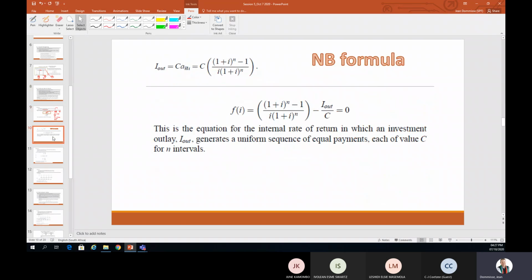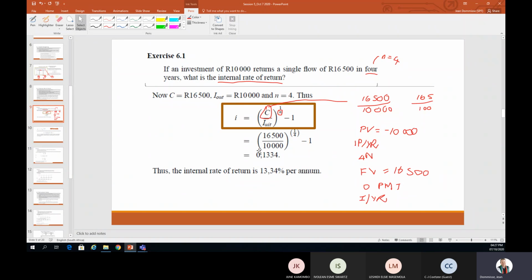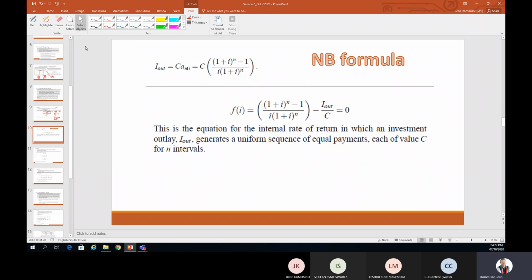What is important for me, and we've seen here the internal rate of return, and I've marked the C there. So this is still part of it, but I've marked the C there as well so that you just see it. Sorry for that.